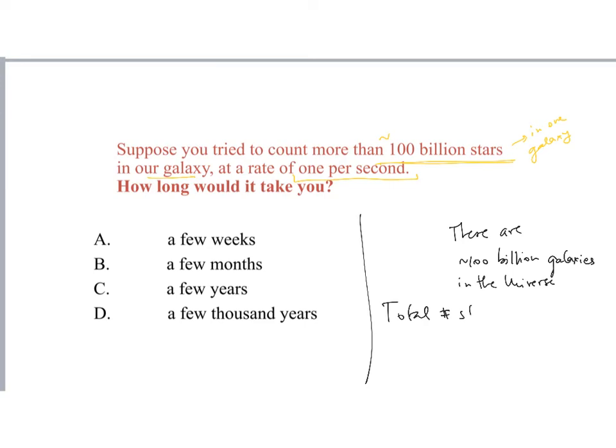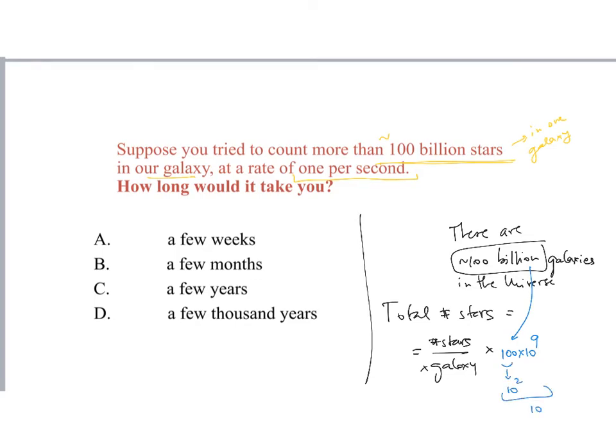The total number of stars is going to be the number of stars per one galaxy times these 100 billion. So this is 100 times 10 to the 9, so again this is 10 to the 2, so the whole thing is 10 to the 11.